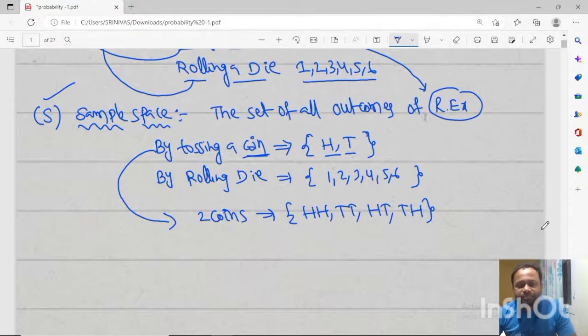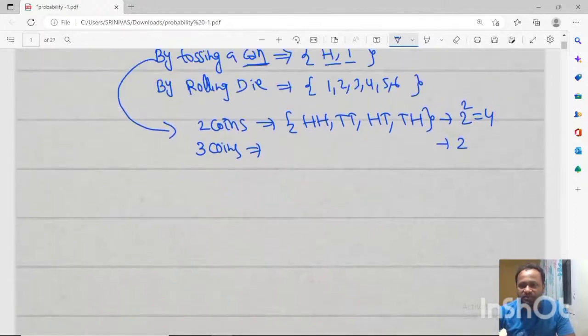Okay, now by tossing two coins we got four outcomes. Four outcomes means we get 2 square, 2 square is equal to 4. If we toss a coin 3 times, then the sample space will have total 2 cube outcomes, which means 8 outcomes.